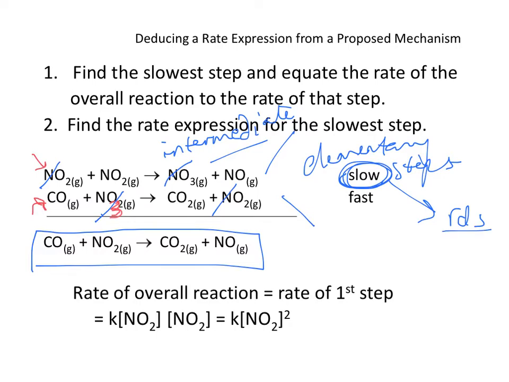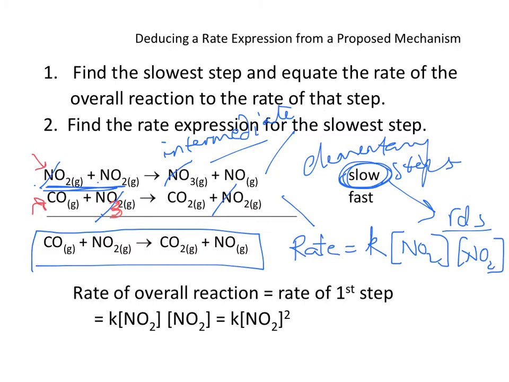So if that is your rate determining step, hopefully you can see that you should be able to write down the rate expression for that step as rate is equal to k times, and then what are the reactants? We have 2 NO2s, so I'm just going to write both of those. And realize in this case I'm just going by the molecularity.